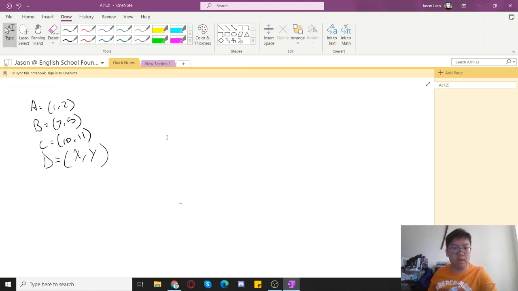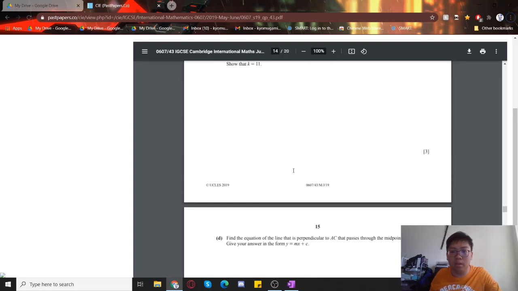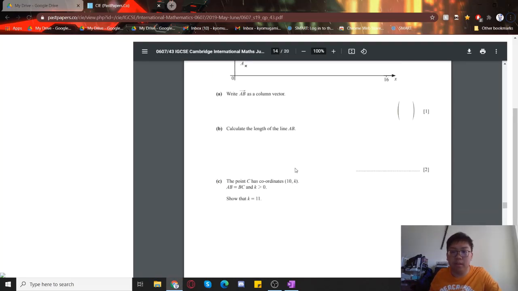Let's say the gradient of AB is equal to the gradient of CD, because it's a parallelogram, so the opposite lines should have the same angle that they're slanted at, and that can be translated into a gradient. So let's find AB. Didn't we do this last time?